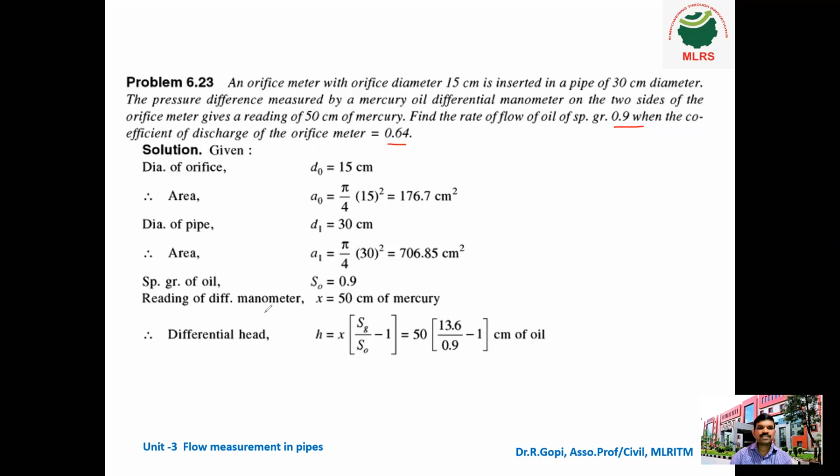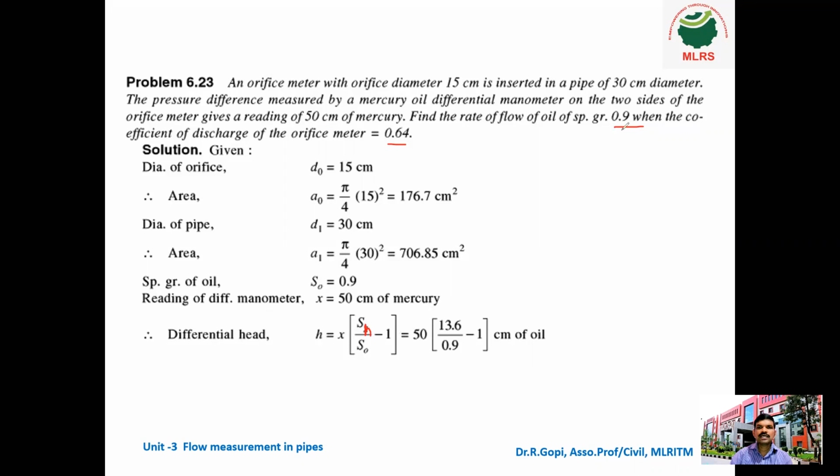Next, the reading of the differential manometer X is equal to 50 centimeter of mercury. So differential head H is equal to X into SH, the specific gravity of the heavy liquid, divided by S0, minus 1.